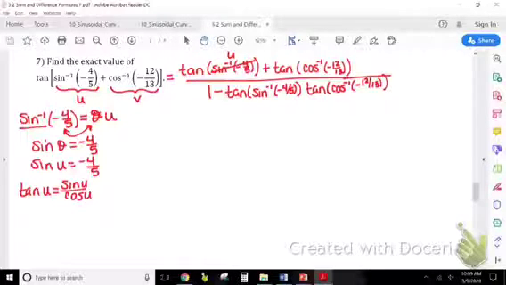So if I know cosine, then I can plug this in and solve, couldn't I? How can I find cosine? From sine. Sine squared plus cosine squared equals 1. We know sine is negative 4/5.